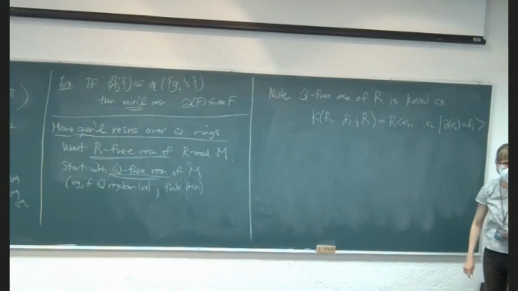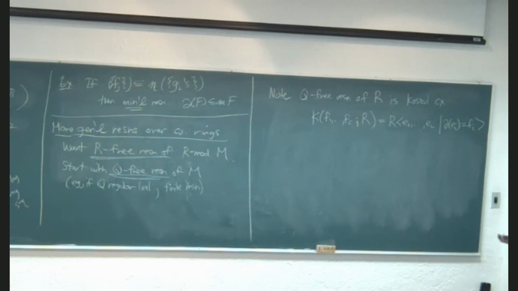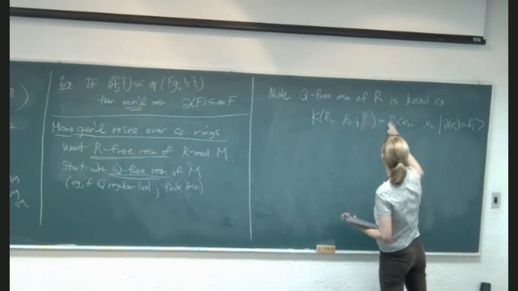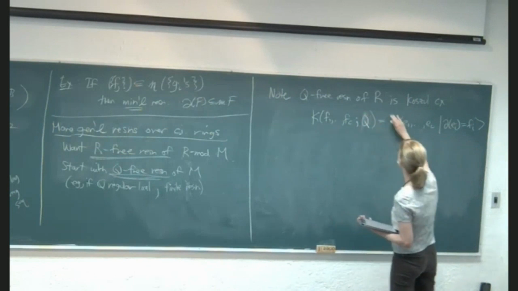So we have two ways to write the Koszul complex. Great, these are all 0 in R.